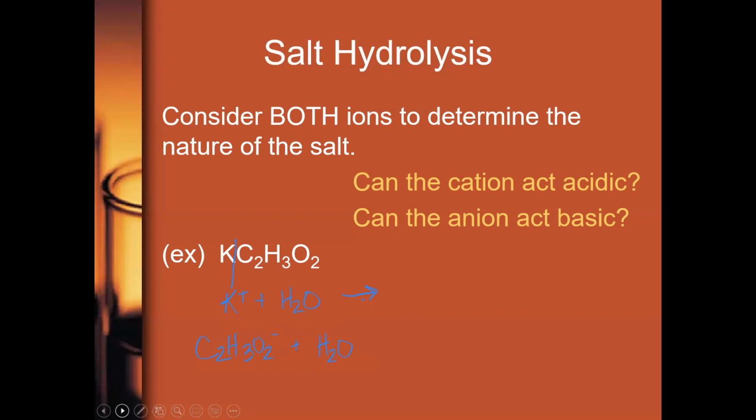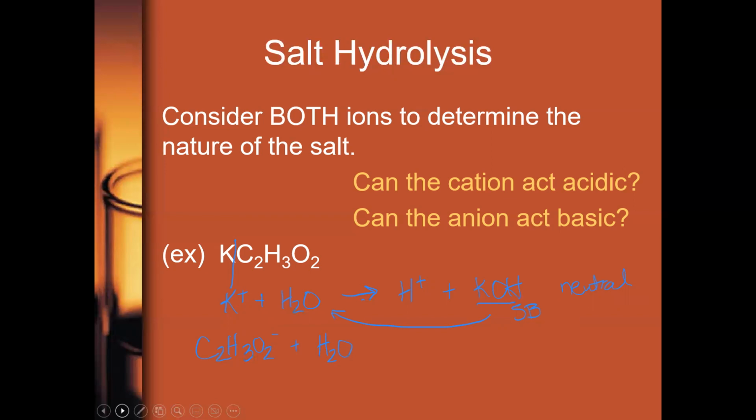Potassium can't give up a hydrogen, but it can force water to give up that hydrogen by taking on that hydroxide. Now, potassium hydroxide is a strong base, meaning that this will turn back into ions. So this cation is neutral because it would try to produce a strong base.